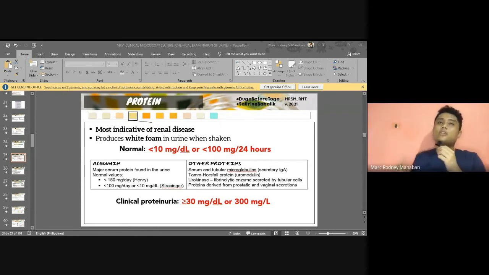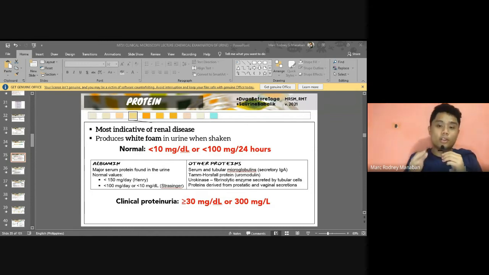But because of the structure in the glomerulus known as the shield of negativity, the overall charge of your glomerular filter is negative, it repels your albumin. So thankfully it does not enter the filtrate, but a little bit gets through. But this albumin that gets through is also reabsorbed in the tubules. If it is still not reabsorbed, it can appear in urine, but only in little amounts. That is normal.